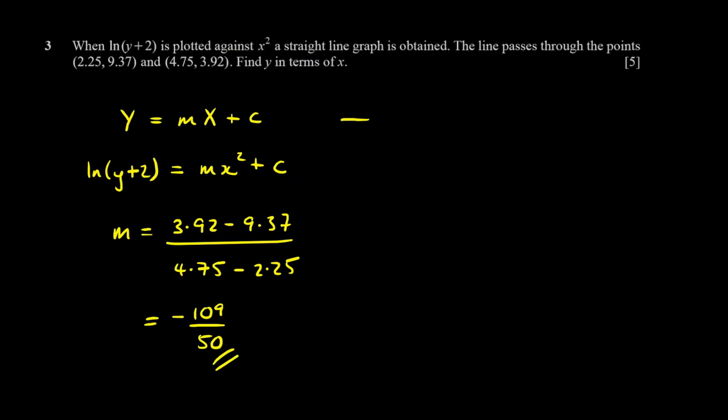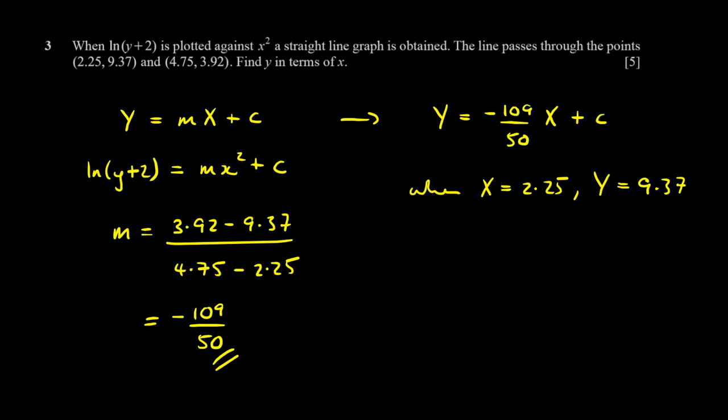Now, if that's the case, we can rewrite this as Y is equal to minus 109 upon 50 X plus c, right? We replace the gradient m with the value we found. And now what we want to do is find c. Well, the way we can do that is we can just substitute in one of our points. So why don't we substitute in this point here? When big X is equal to 2.25, we know that big Y is equal to 9.37.